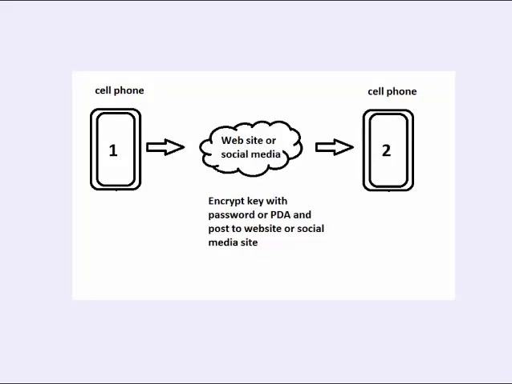Another method is to encrypt the key file with either a password or the PDA utility and post it to a website or social media site. This is a very easy method of allowing someone to access your key and begin to communicate with you. In fact, you don't necessarily have to use, again, a Cipher created key.